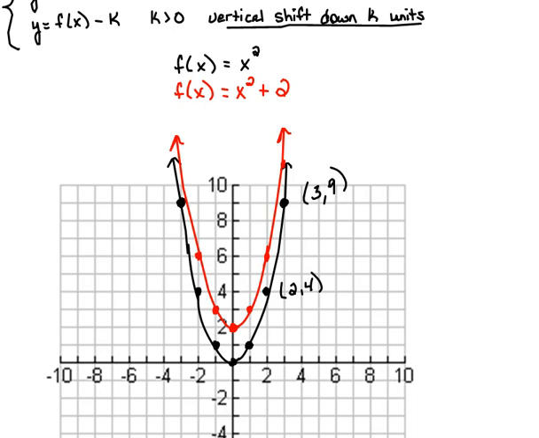Now, we could also subtract something from the end of our function. What if we started again with our base function, our principal function of f of x equals x squared, and this time we subtracted 2? According to our definition, if you subtract k units, that causes a vertical shift down k units.